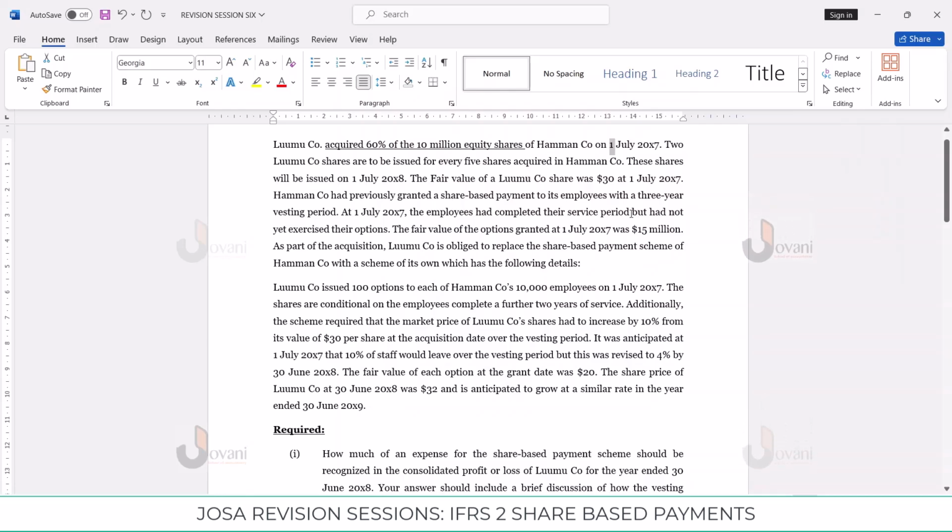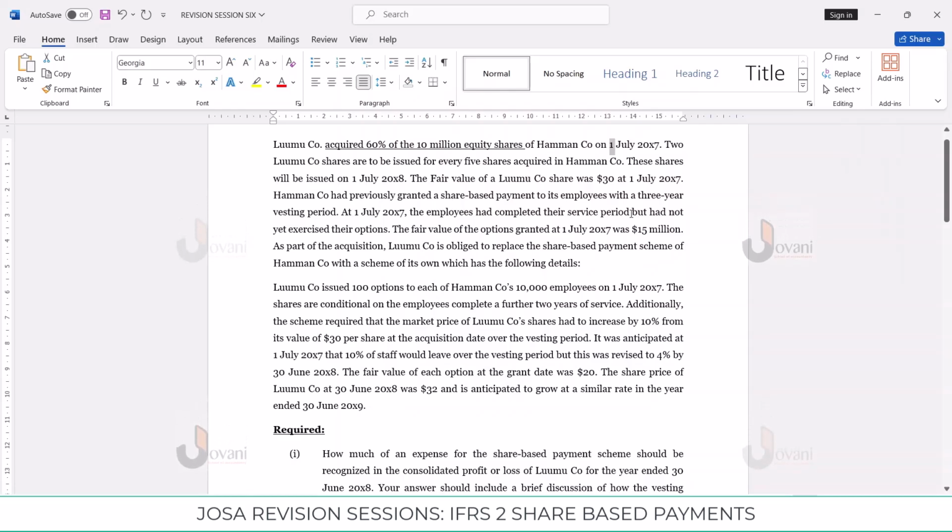H, who is the acquiree, had previously granted a share-based payment to its employees with a 3-year vesting period. So the subsidiary had a running share-based payment to employees. On the date of purchase, the employees had completed their service period but had not yet exercised their options.